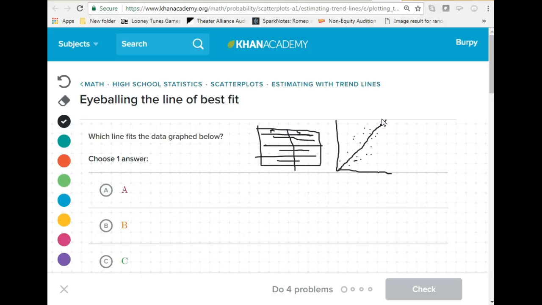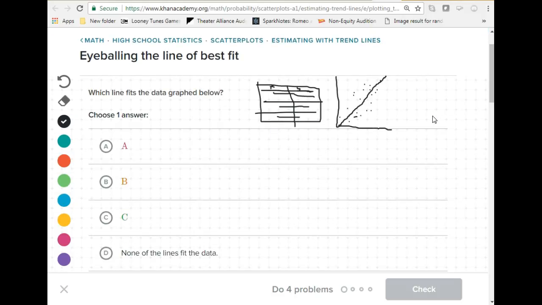Like if you were looking at shoe size and height, the regular height of the human, the shoe size will determine the height normally, and if we put in all the data and find the line of best fit, we can predict, if someone's shoe size was a certain number, what their height would be. But anyways, I'm getting a bit rambly.